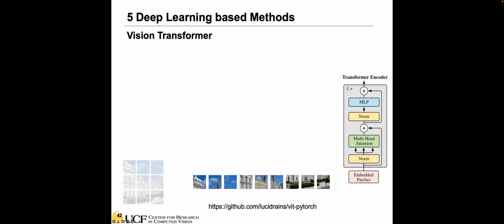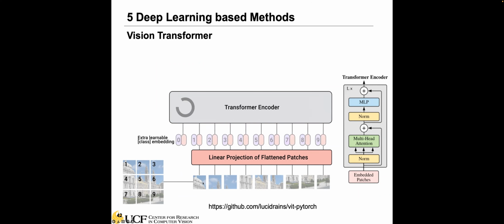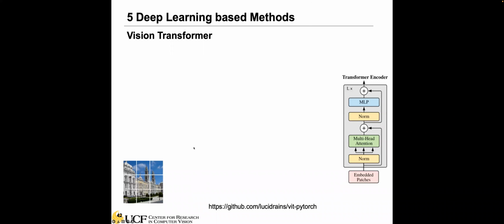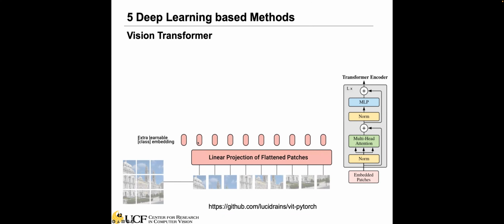Each patch goes through a linear projection. You can think of this as vectorizing the small patch into a large vector. And we use position embedding along with the feature embedding, the purple one.